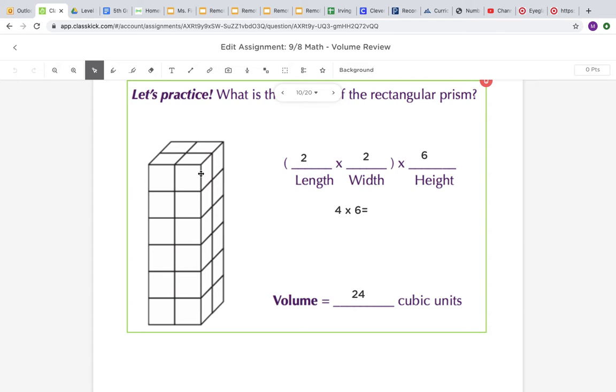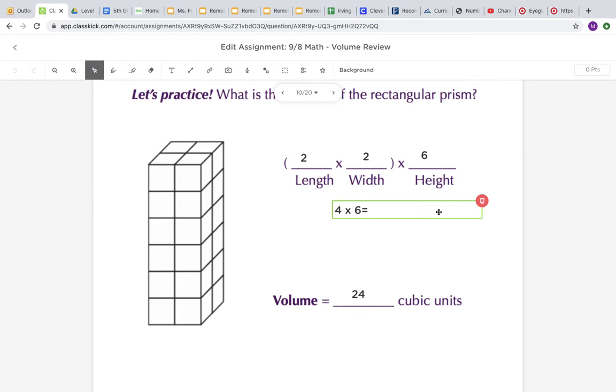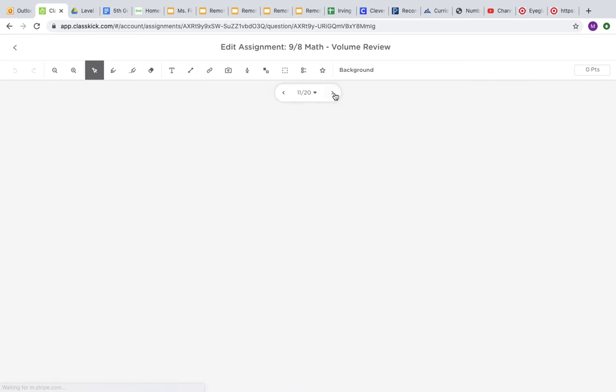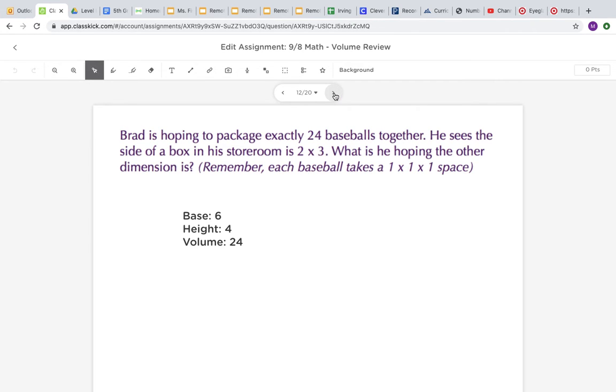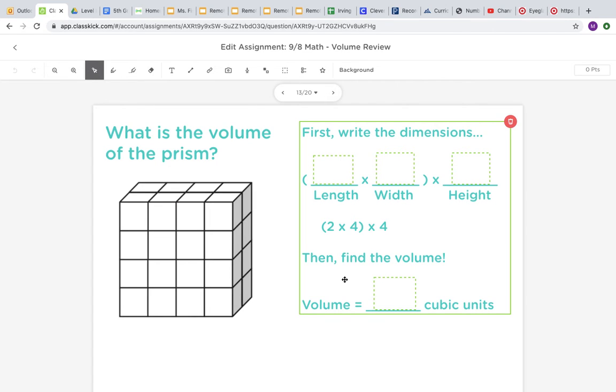And then our height is the number of layers. We've got 1, 2, 3, 4, 5, 6. So we add that 6 in for our height. When we multiply our area of the base, which is 4, times 6, which is our height, we get 24 cubic units.